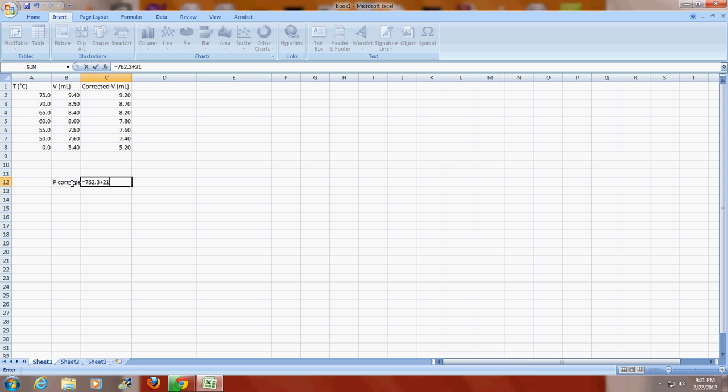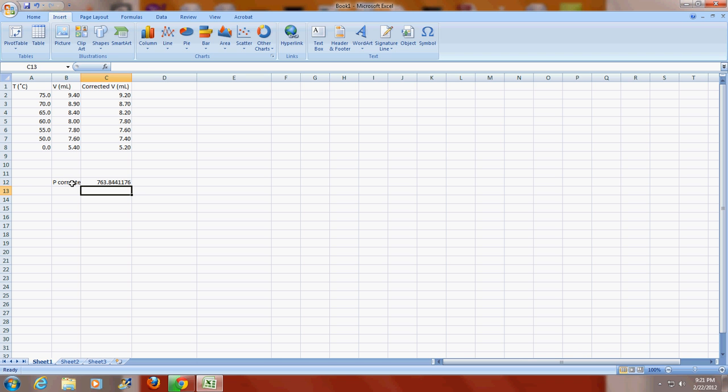Again, you should have gone one decimal place past that, but you didn't, so it's going to cause us error again, times 1 divided by 13.6. So that's our corrected pressure that we're going to use in our calculations.